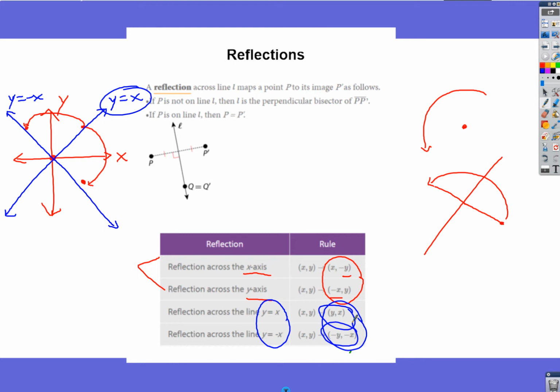On a side note, I was talking with a co-teacher in the other class, and one of the things she was discussing was whether or not these can be printed out, or whether or not even I should be printing them out. But I'm not going to print these things out for you, because I see some of you have nothing in front of you. In a perfect world, you would write these in your notebook.